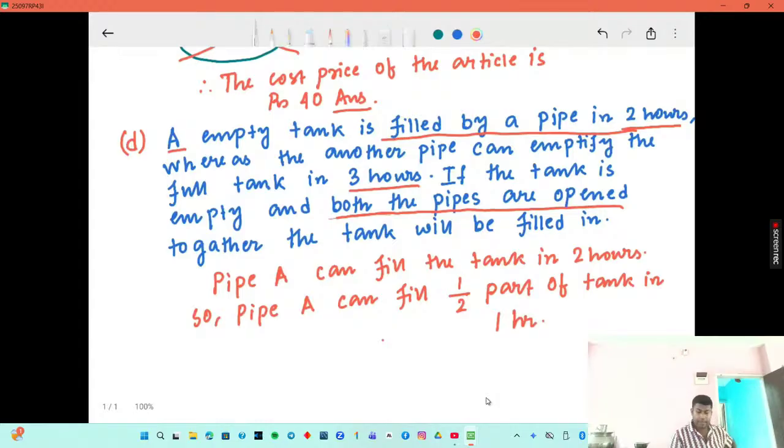If A can fill the tank in 2 hours, then pipe A can fill 1/2 part of the tank in 1 hour.